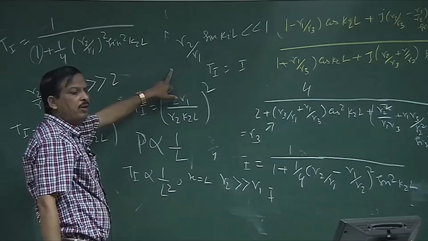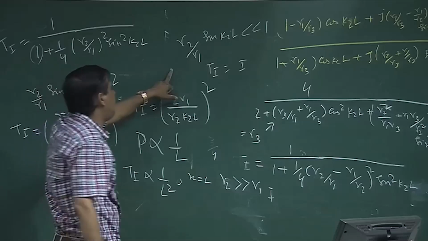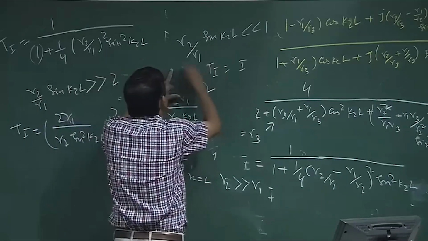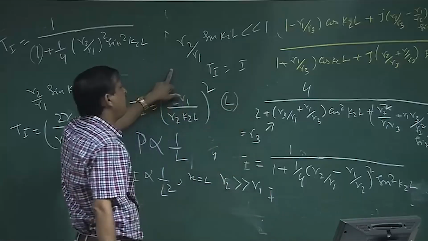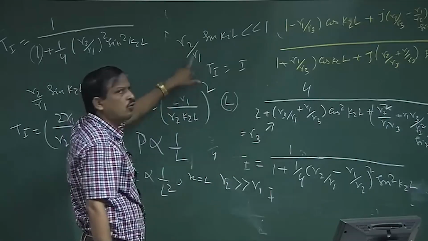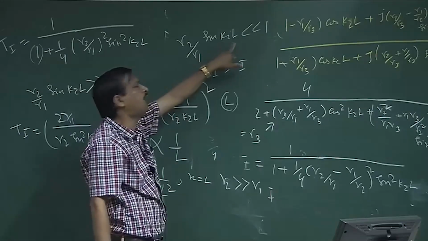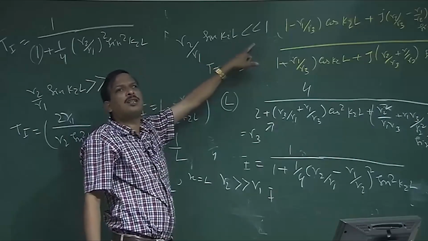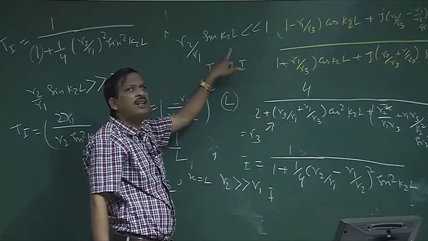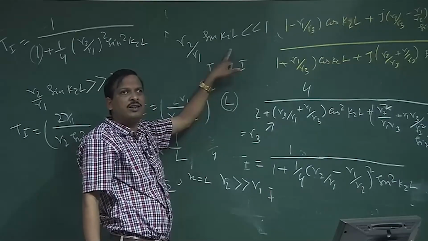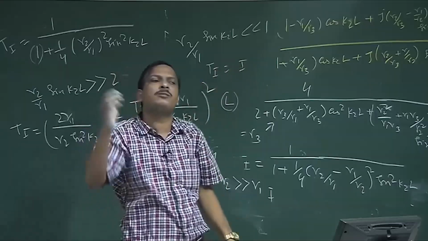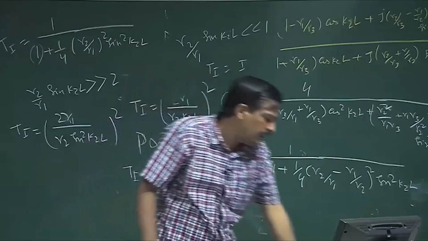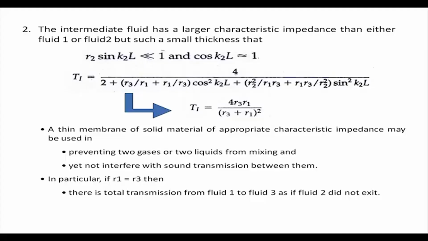Okay. If Ti is equal to 1, that means L is very thin, very low, such that R2 by R1 into sin K2L is much less than 1, then the partition, that second medium R2, does not affect the sound transmission.